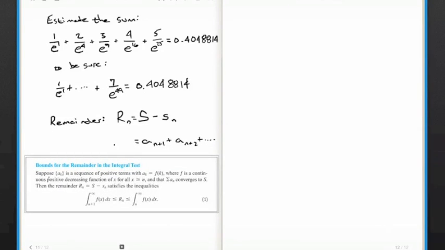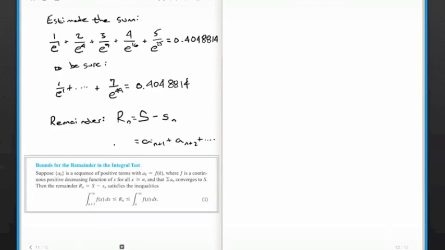Suppose that a sub k is a sequence of positive terms, a sub k is f of k, and so on. This is the same stuff we've been doing. Then the remainder, r sub n, s minus s sub n, is going to be stuck between the integral from n plus 1 to infinity and n to infinity.